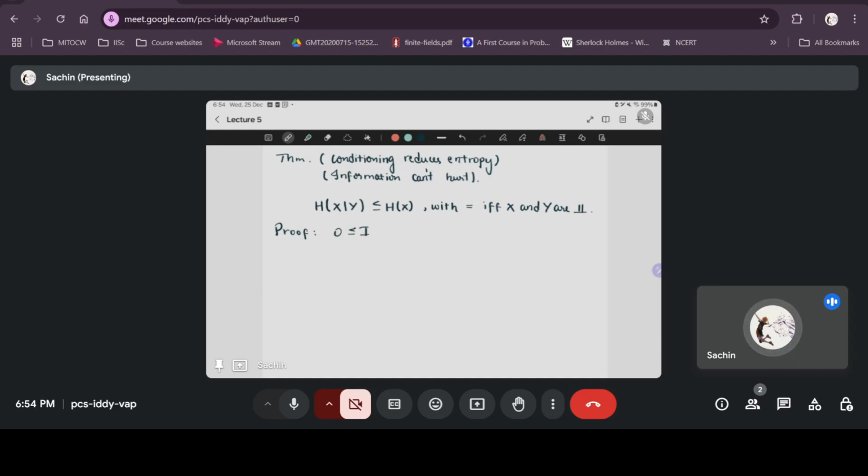We know that mutual information is non-negative, but mutual information I of x semicolon y is also equal to h of x minus h of x given y. So h of x is greater than or equal to h of x given y, by moving h of x given y to the left side of the inequality.